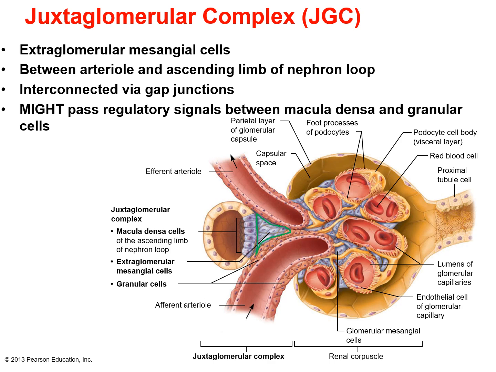These cells are interconnected via gap junctions, and they might play a role in passing regulatory signals between your macula densa and your granular cells. All of the components of your juxtaglomerular complex are going to be dealt with in more detail when we talk about physiology.